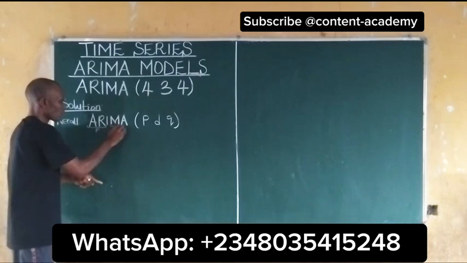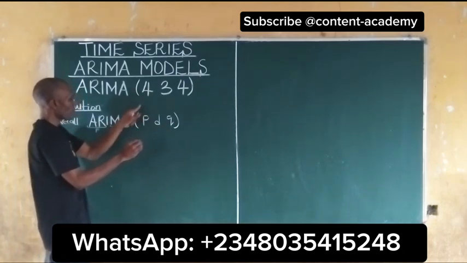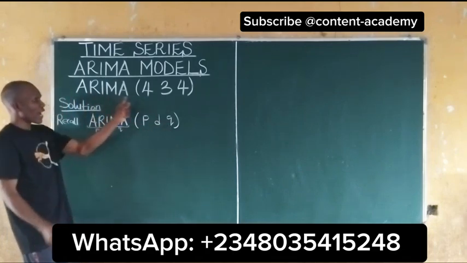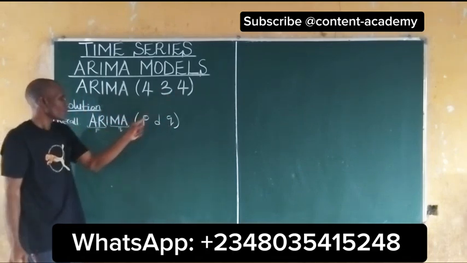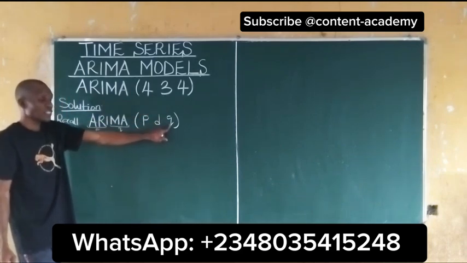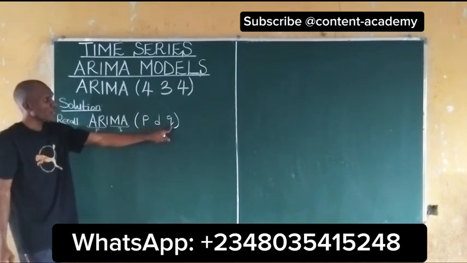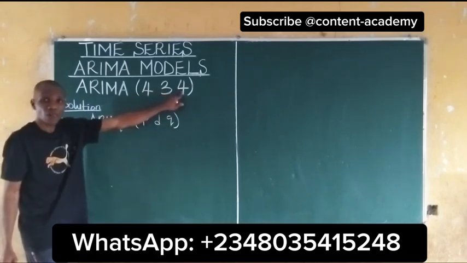MA, which is moving average of order q, is this. So we can compare what we have here with the ARIMA(4,3,4). This is of order 4. Our difference in here is 3. This is of order q. That means the moving average is of order q, that means of order 4.